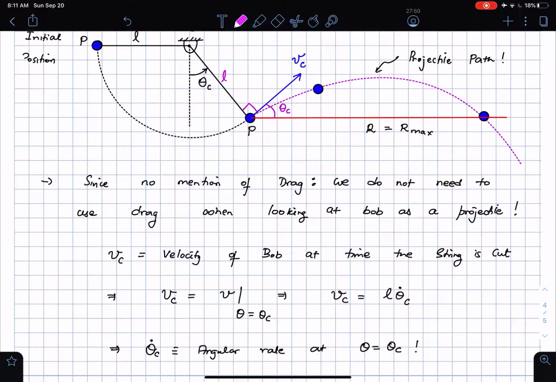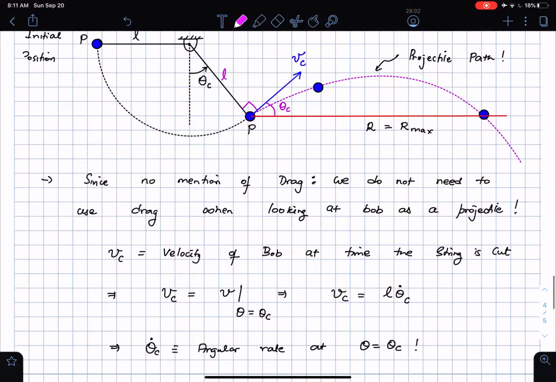So when I'm looking at the location where the string is cut, the velocity is in terms of theta dot c, and the initial launch angle of the projectile is now theta c.